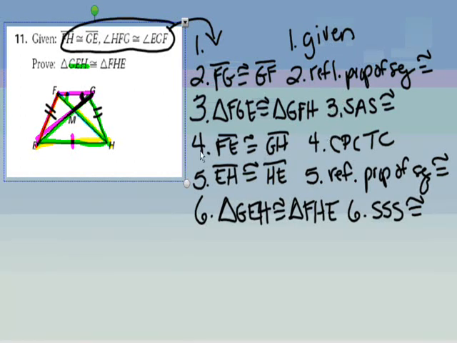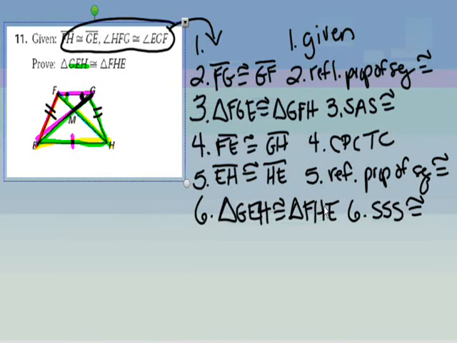Okay, one of the things I do want to point out is you'll notice when I use the reflexive property, both times I reversed the order of the letters, so I didn't say FG was congruent to itself. That's because I knew in the triangles that I was going to say FGE is congruent to GFH. So the FG, FG, GF, GF. Same thing down here, EH, EH, HE, HE.